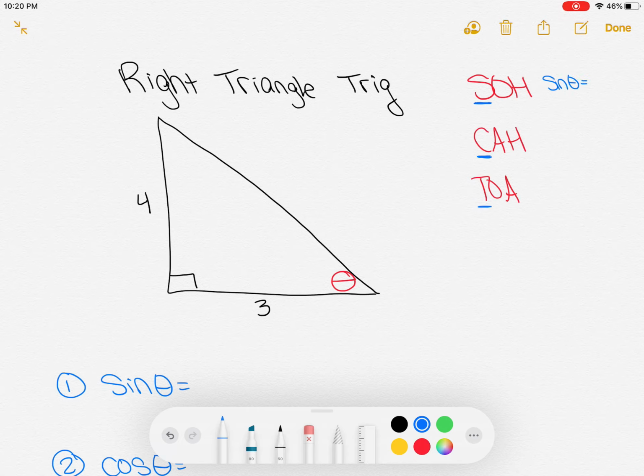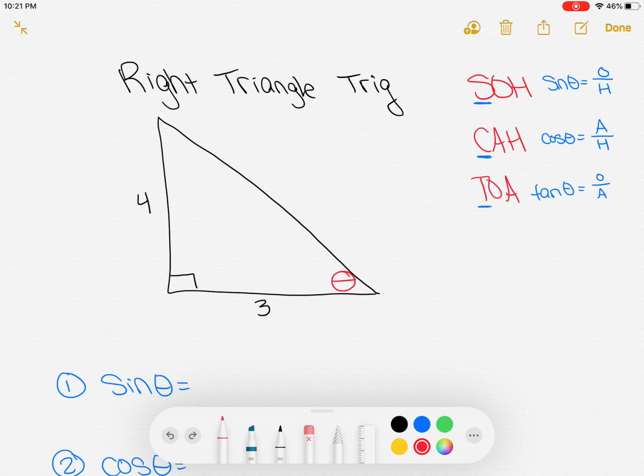So it's actually going to mean that sine of an angle, in this case we're going to use theta as our variable, is equal to O over H. Cosine of theta is equal to A over H. And tangent of theta is equal to O over A. There's your SOHCAHTOA. It's just to help you remember that idea.